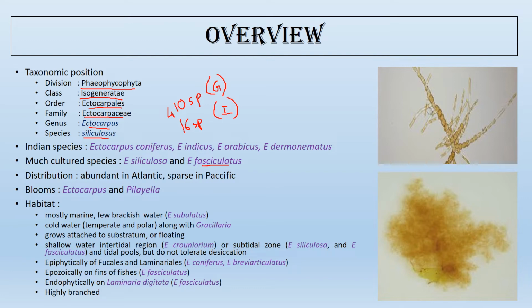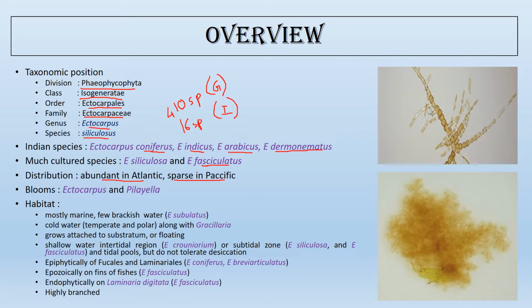It is abundant in the temperate region of the Atlantic, but also some areas in the Pacific. So Ectocarpus coniferus, Ectocarpus indicus, Ectocarpus arabicus, and Ectocarpus duchassaignianus. These are the Indian species.